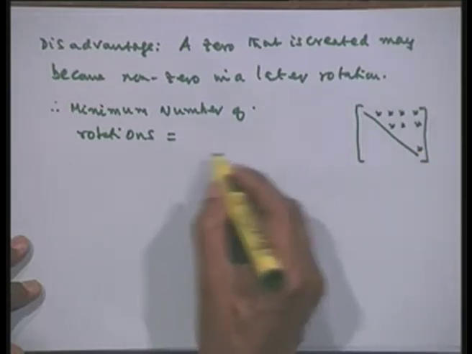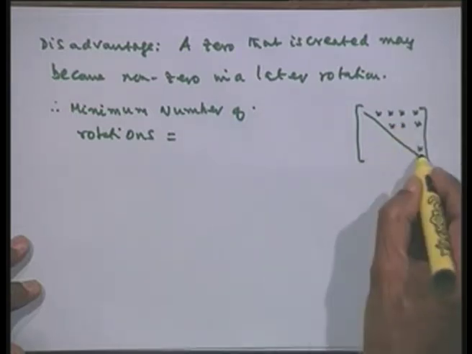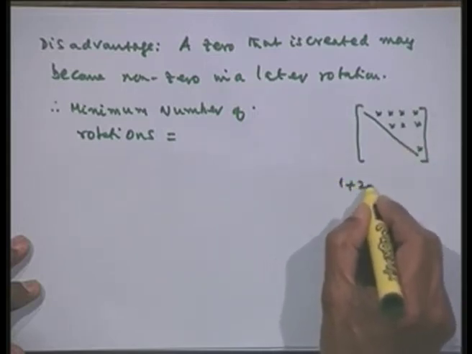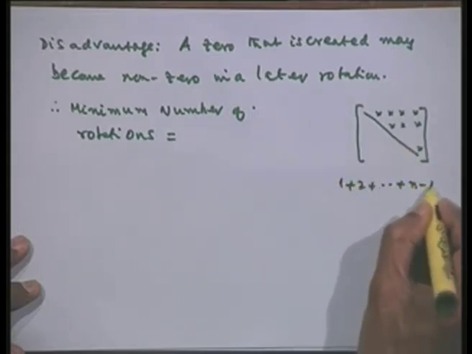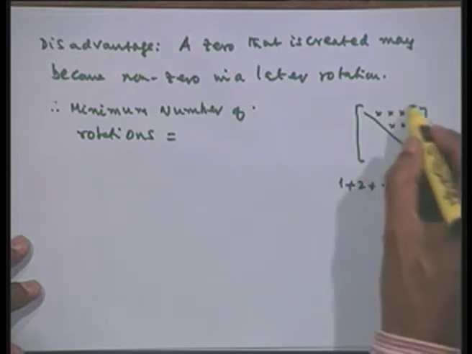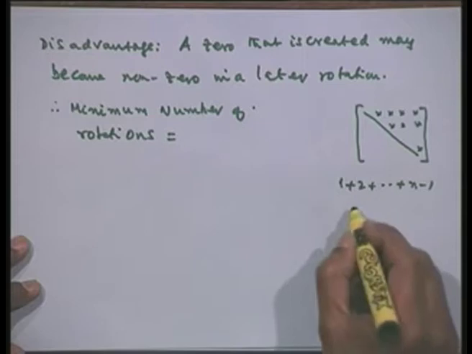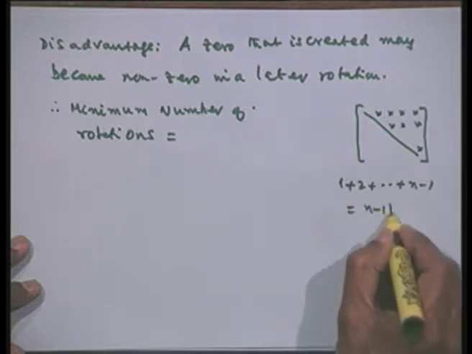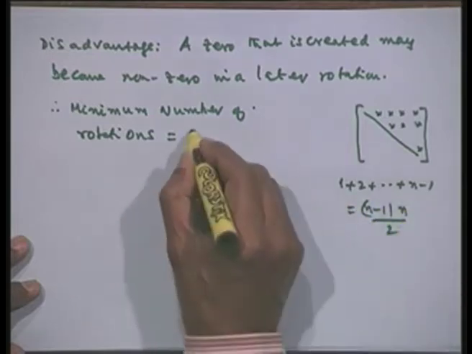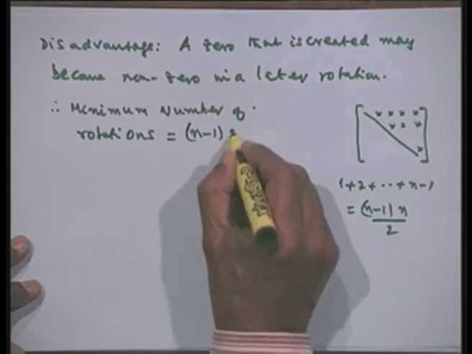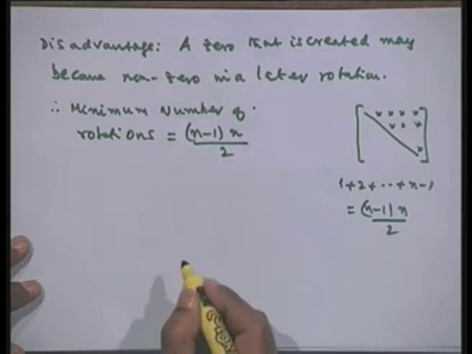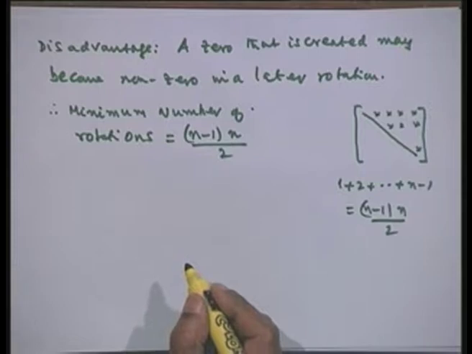So, the number of elements that are to be made 0, let us count from the bottom, 1 plus 2 plus 3 and so on up to n minus 1. Therefore, the number of rotations will be n minus 1 into n by 2. So, this will be the minimum number of rotations that will be required.